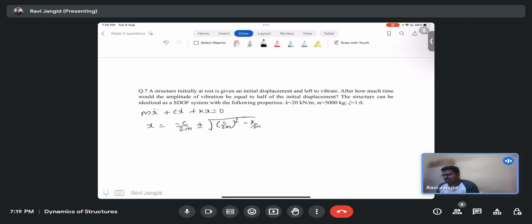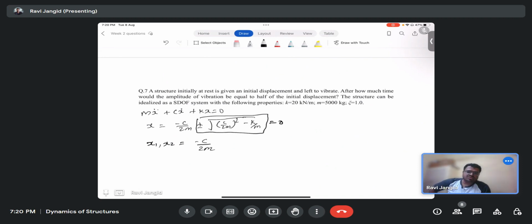For the critically damped system, this term would be 0, so my two roots x1 and x2 are minus c by 2m.